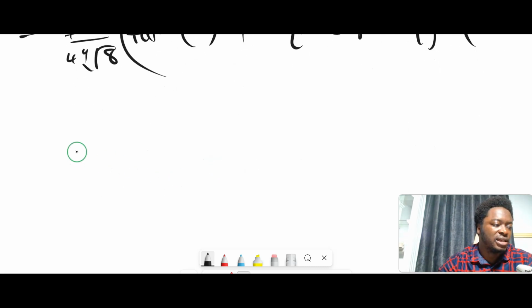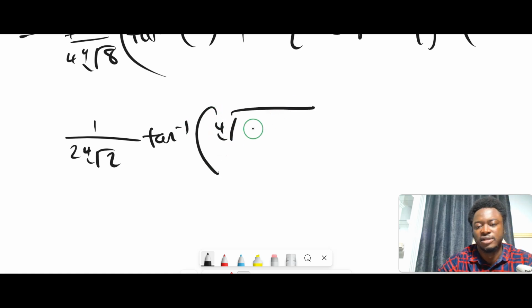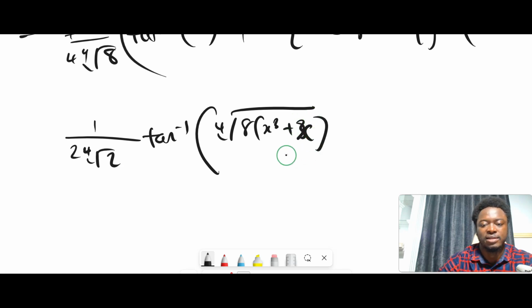The final form of this answer is 1 over 2 times the 4th root of 2 times the tan inverse of the 4th root of 8 s cubed plus 3 plus x rather, then divided by x plus 1.